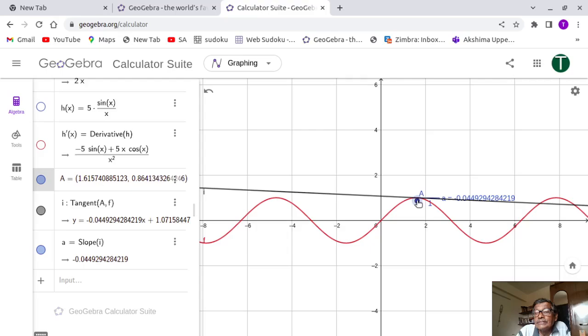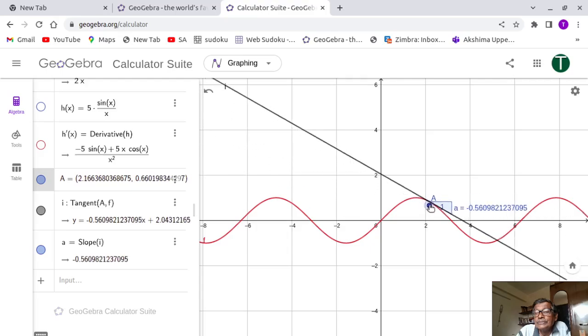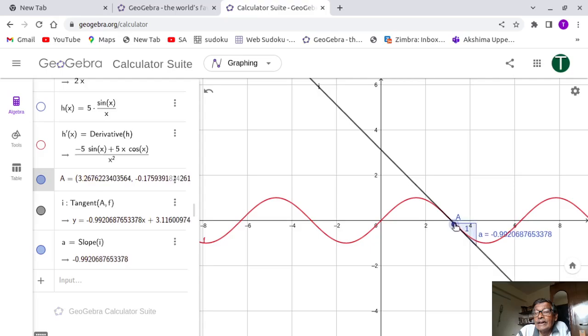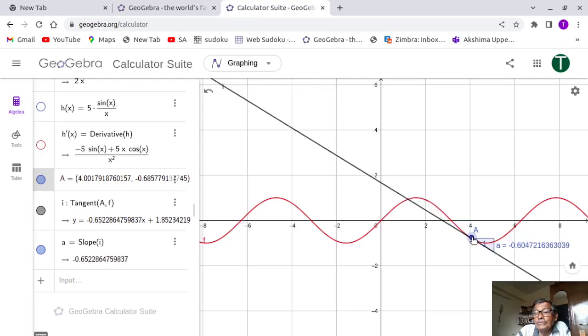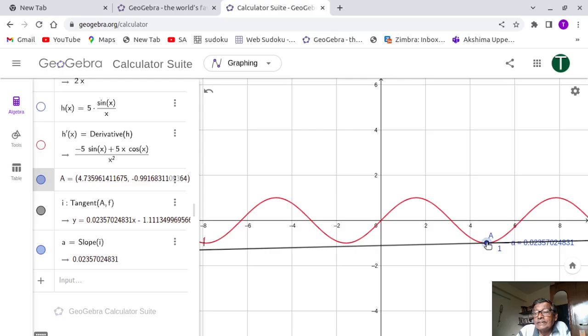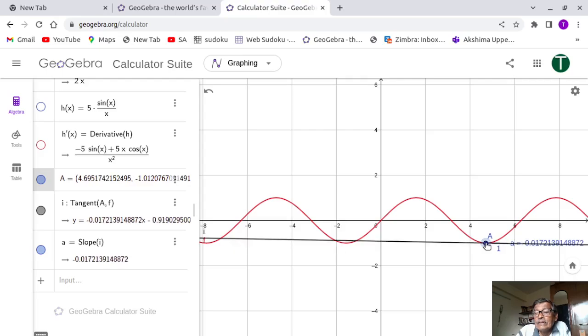If you move it, it goes to negative, and your slope value is depicted side by side. So what is the value of the slope? The value of the slope of a function at a particular point: you draw a tangent to the function, and the slope of the straight line is the value of dy/dx at that point.